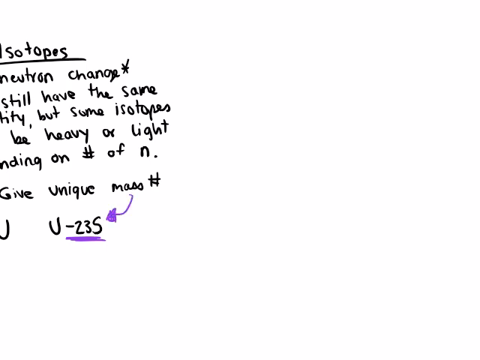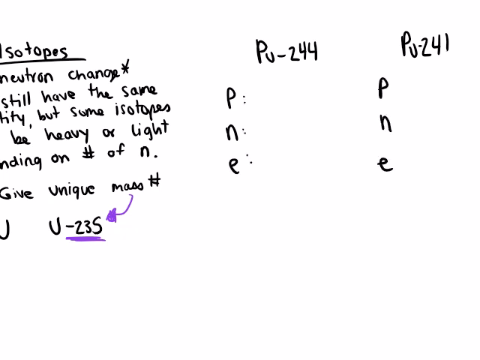Okay, so let's look at Pu 244 and Pu 241. We're looking for protons, neutrons, electrons. So don't be ashamed of having to hunt and peck on the periodic table. Okay, everybody take a look, find Pu. Pu is at the very bottom.